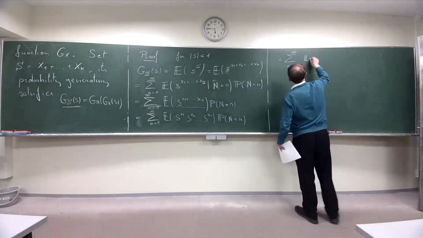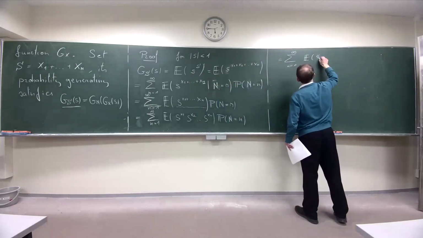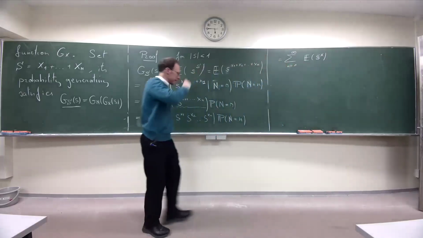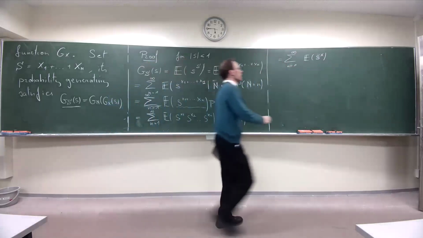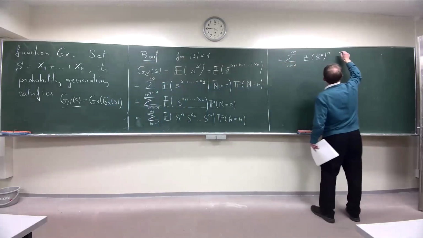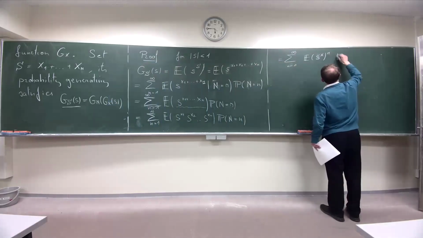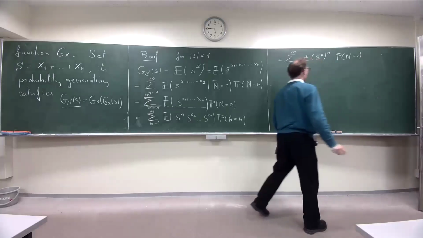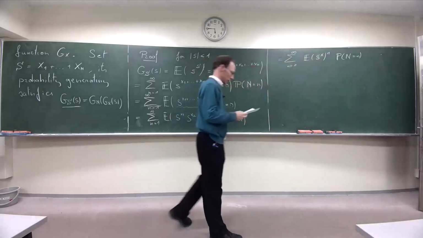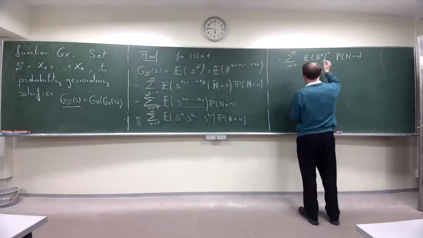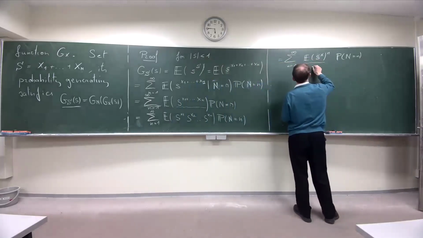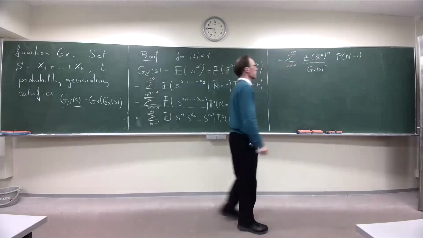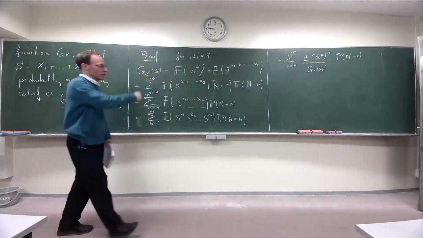We have this expectation of s to the power X, and instead of writing n terms which are the same, I just put a power n, times the probability that N is equal to n. And now I need to think, what is this expression? This is nothing but g_X(s) to the power n. What I mentioned before.